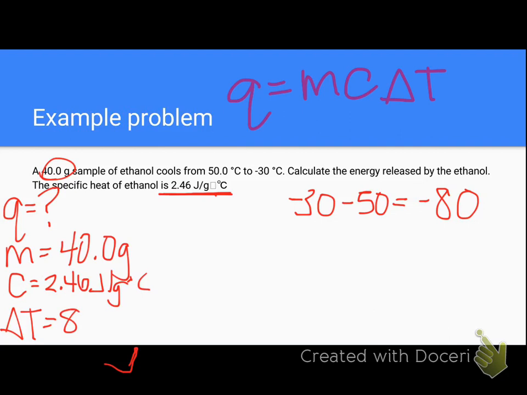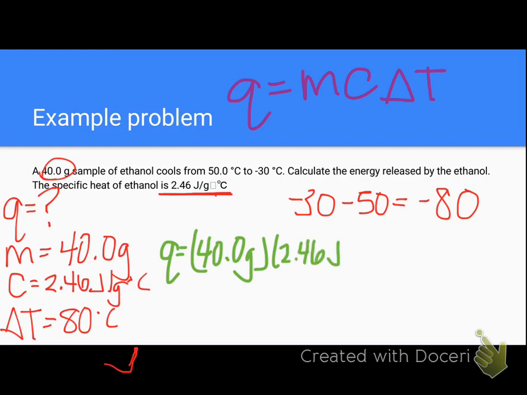So it changed 80 degrees C. All right, let's go ahead and plug these numbers in. I don't have my Q, but I have my M, that's 40 grams. My C is now 2.46 joules per gram C, and my temperature is 80.